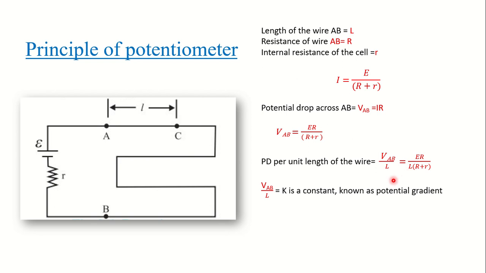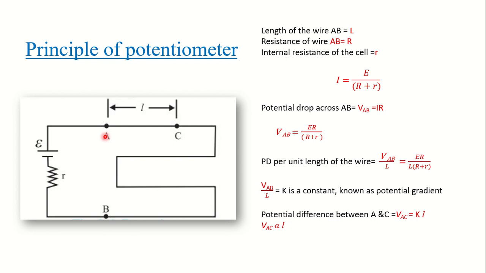Now this quantity, potential difference per unit length of the wire, VAB divided by L, is a constant, which is known as the potential gradient of the potentiometer. This is a constant for a given potentiometer. Now consider a point C on the potentiometer wire.